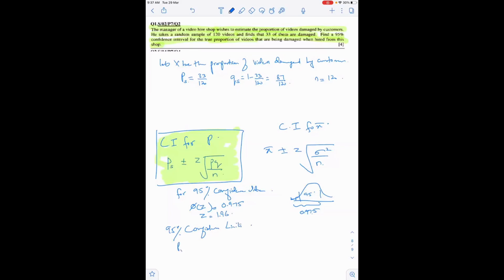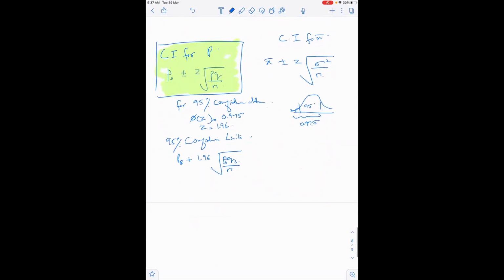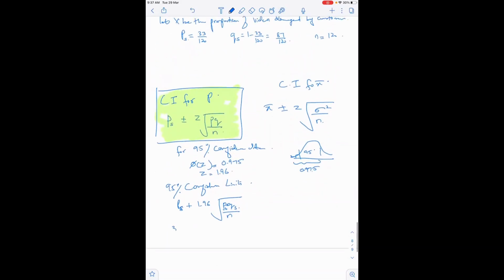The formula will be sample proportion plus minus z, the value of z we know is 1.96 here, times the square root of p_s q_s upon n. So let's plug in the values. 33 upon 120 plus minus 1.96. We have to multiply 33 upon 120 by 87 upon 120 in the numerator, divided by 120.